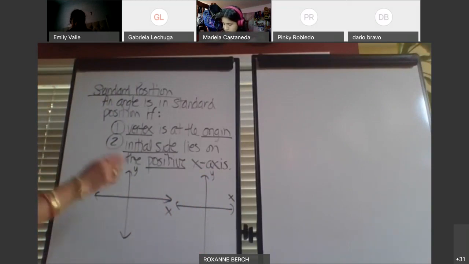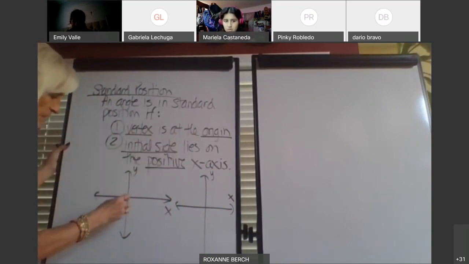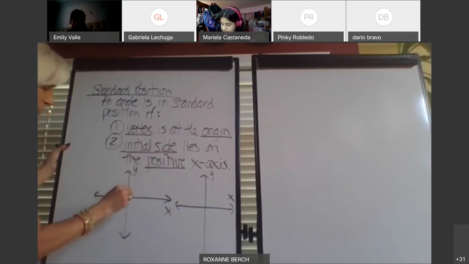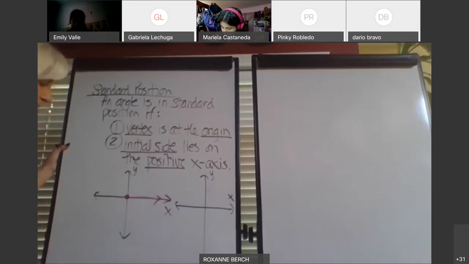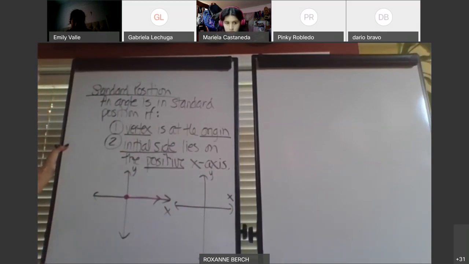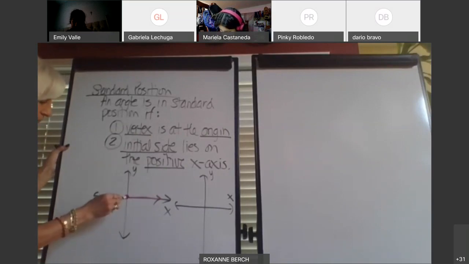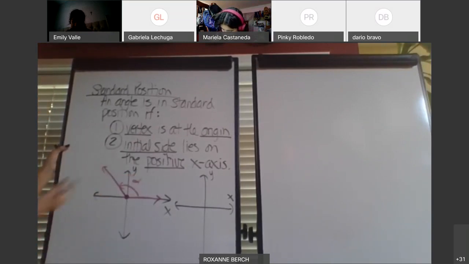If I were going to draw an angle, the vertex must be at the origin. The initial side lies on the positive x-axis. And if I were going to show a positive angle, I could rotate the ray there. And that would be a positive angle alpha in standard position.